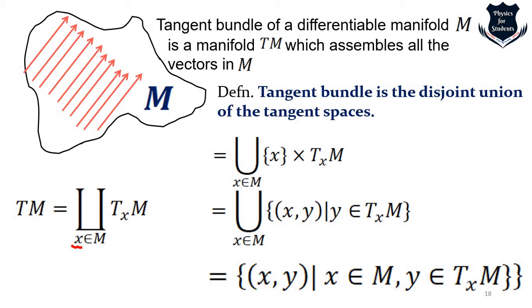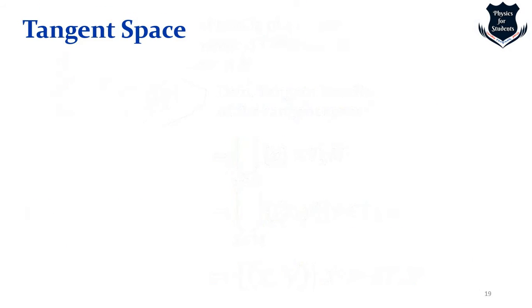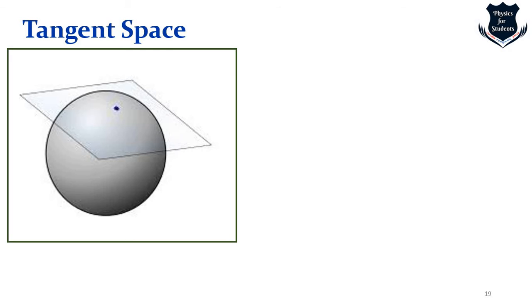Tangent bundle. So now for example, if we talk of a tangent space, again we will just touch base on that. If we have got a sphere, a nice sphere, and we have got a point X, I just underlined it in red, all these are the tangent vectors, right?